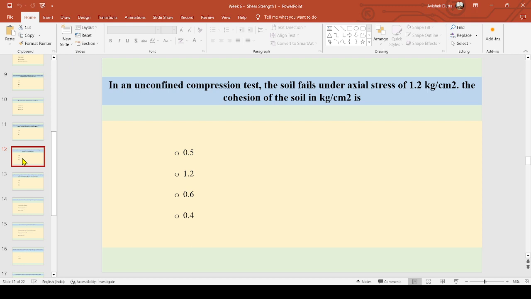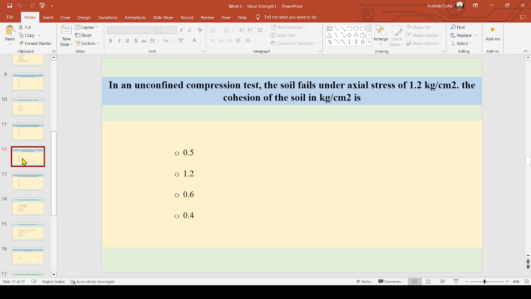The cohesion of the soil in kg per centimeter square is, the options are 0.5, 1.2, 0.6, 0.4. The axial stress is given, you have to find out the cohesion of the soil in the same units, kg per cm square.